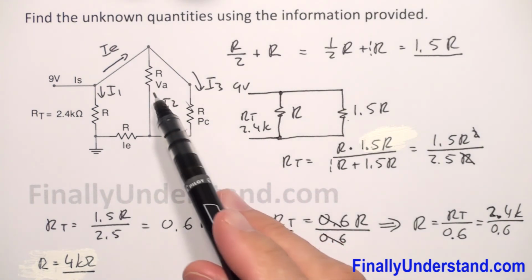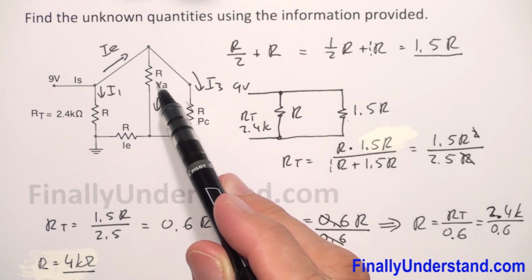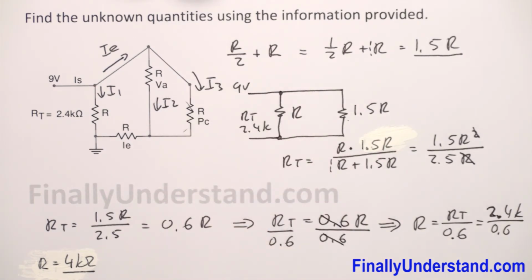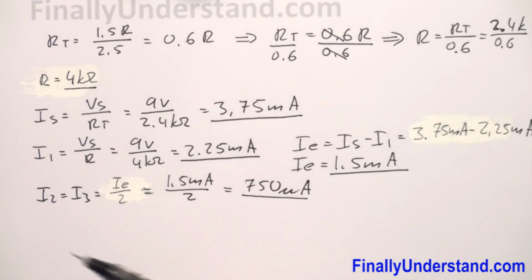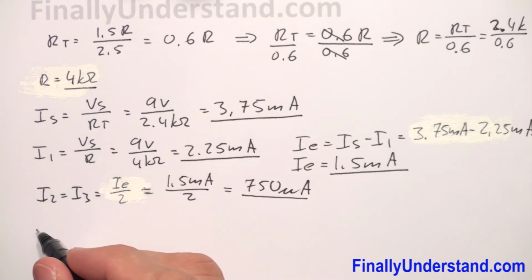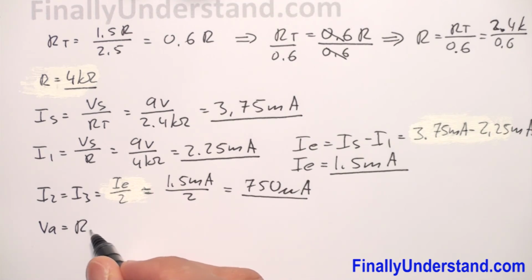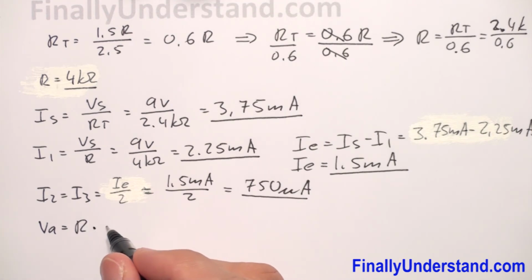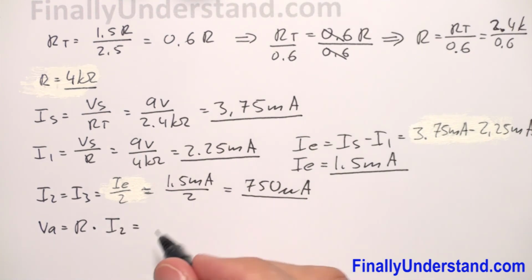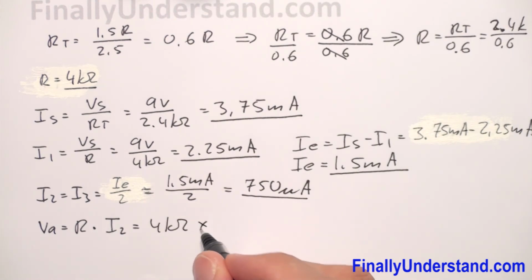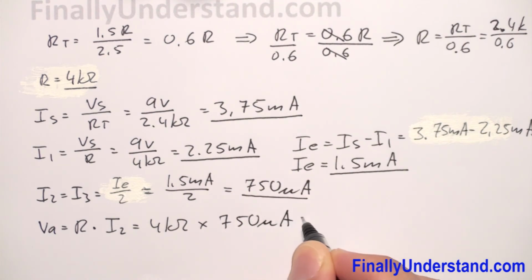Next, I'm supposed to find the voltage across this resistor. Voltage we simply find by using Ohm's law. So we have VA is equal to R times I2. And this is equal to 4 kilo ohms times 750 microamps.